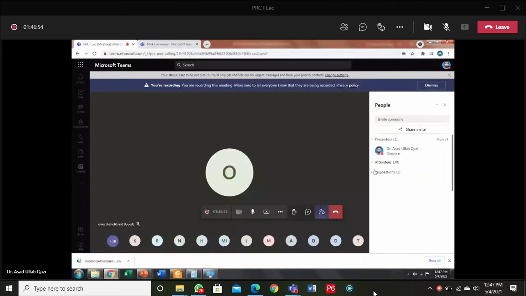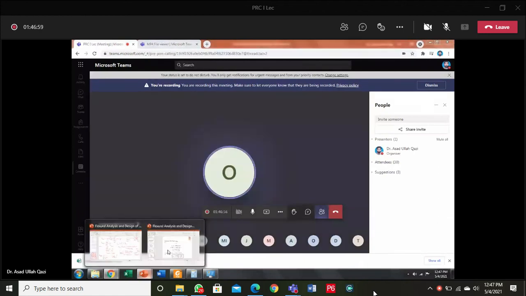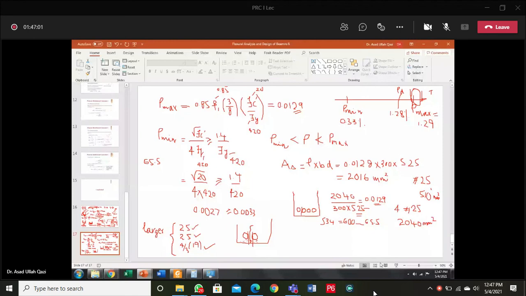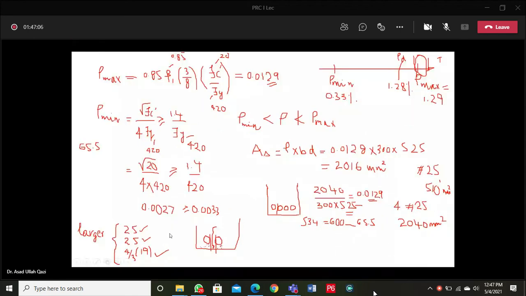Yes, sir. Please tell which one. Sir, 4/3 × 19, what is the answer? Sir, it is 25.33. Okay, you are very close to 25. So let it be. If we are very mechanical, it means the clear gap between the bars should not be less than 25.33.